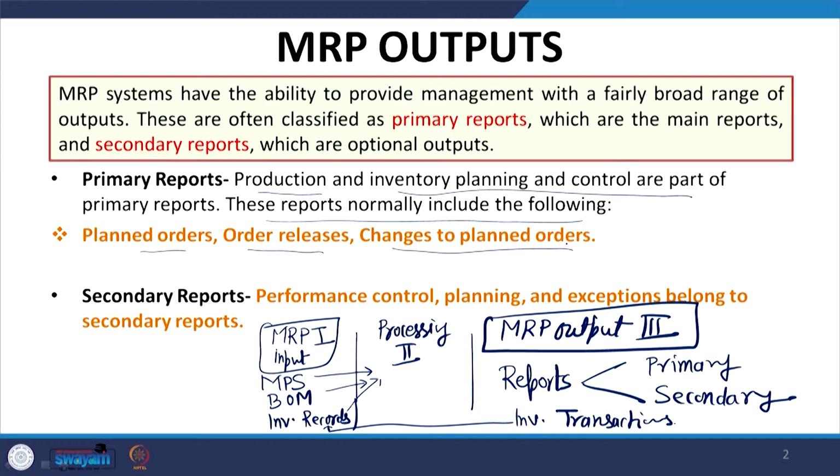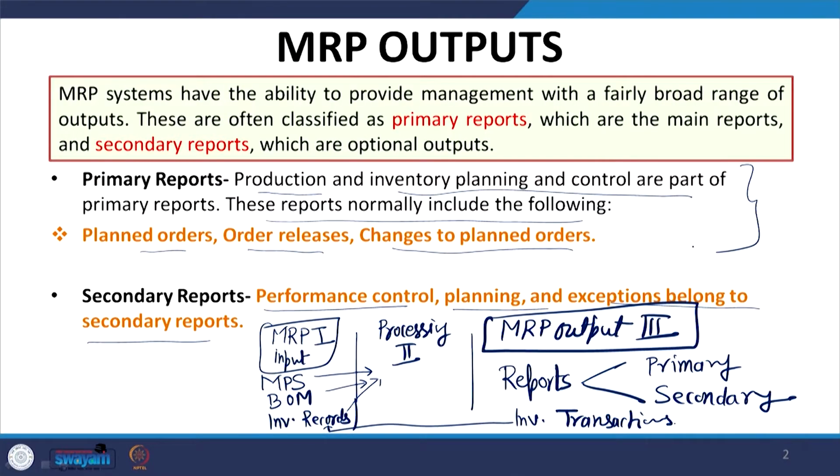The secondary reports are additional information, with respect to performance control, planning and exceptions. So, some exceptional things, particularly performance-related issues, are part of secondary reports. Normally, a secondary report is to track whether things are as per schedule or not.